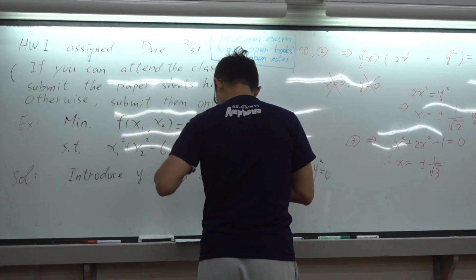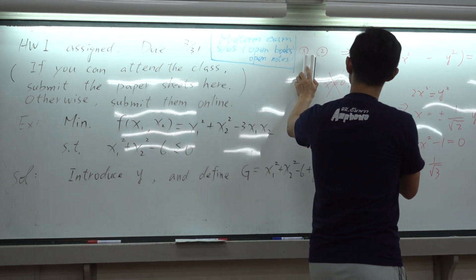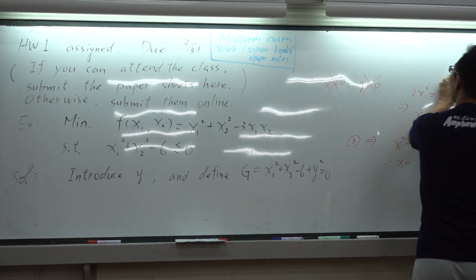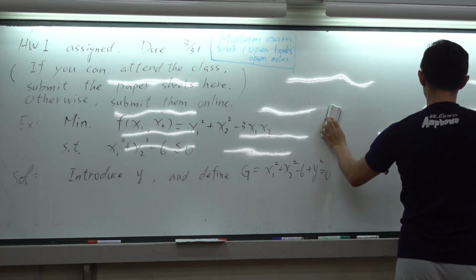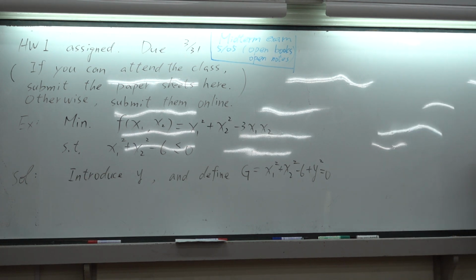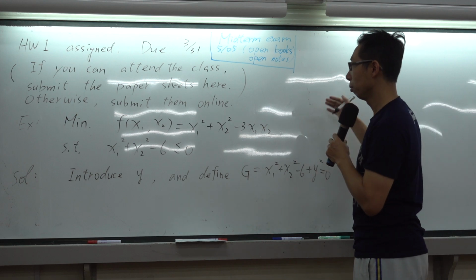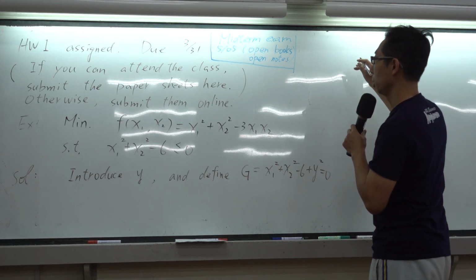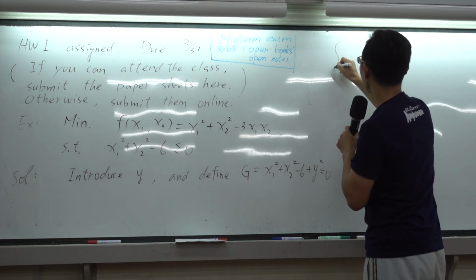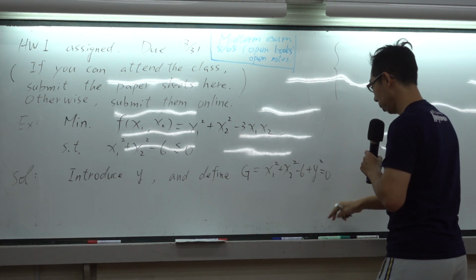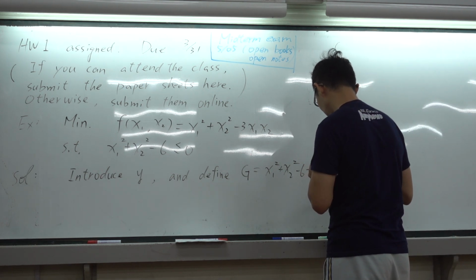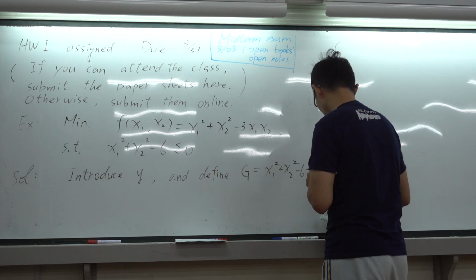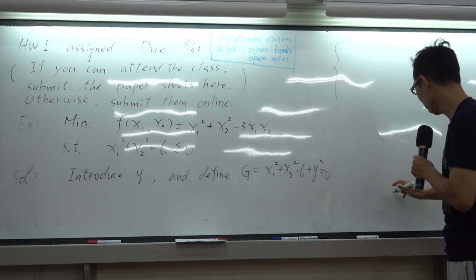Okay, so let's start to use the necessary conditions to find the possible points for this optimization problem. Let me try to use this color.